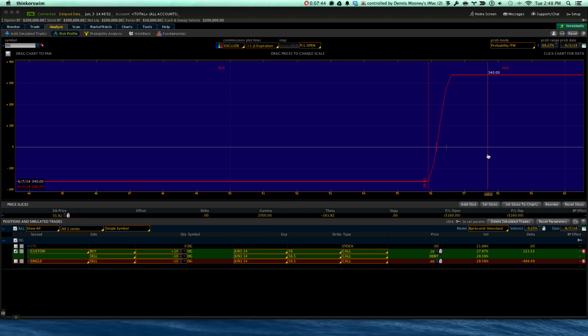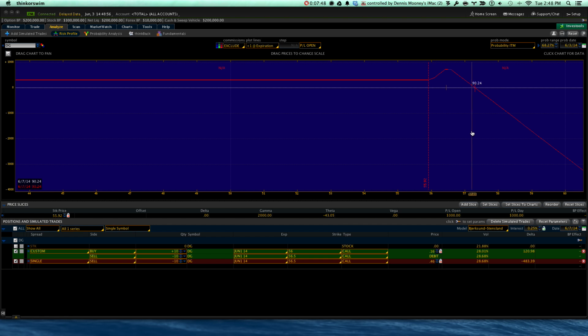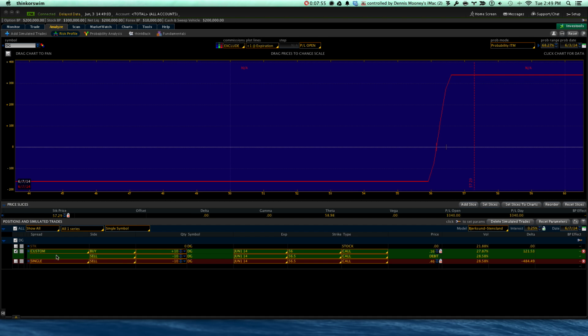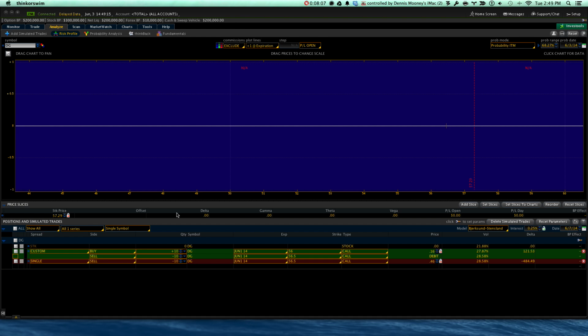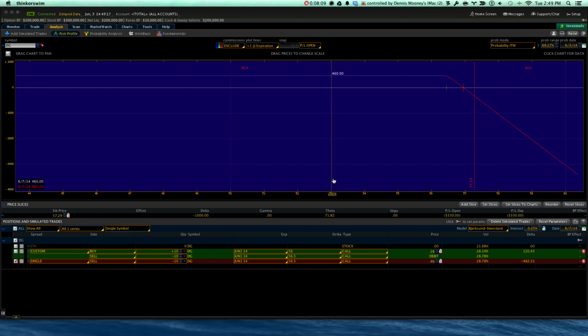So when you want to get out of this trade, because your trade has gone beyond this point and you're losing money, what you do on Friday, expiration day, is close the bull call spread for a profit of $340, in my example where I bought 10 and sold 10. Now these other 10 above my break-even point, let me go back and show you where the break-even point was.